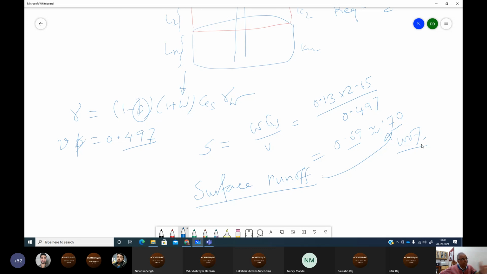But moisture content may be hardly 20%, while saturation is already 100%. This distinction you must understand. Then you will understand the relationship between weight and volume, and porosity and pore space. This needs to be understood very carefully.